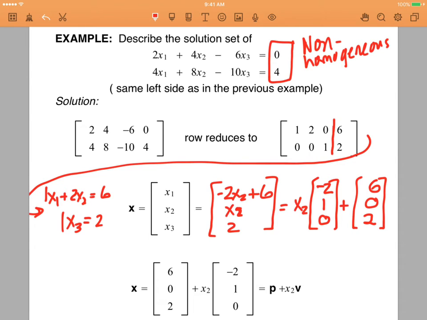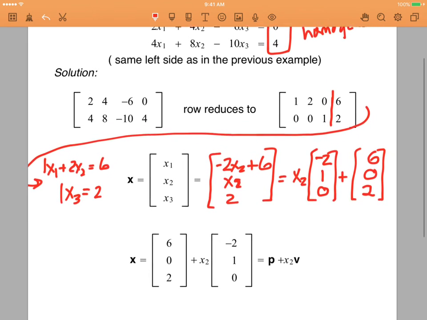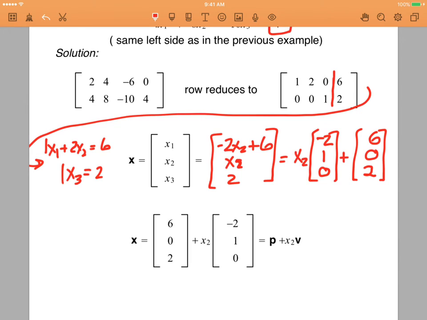And that's the same thing that is written down below. You see how this looks different from the previous solution. The previous solution only had the x2 part of it. It did not have that constant vector being added on.